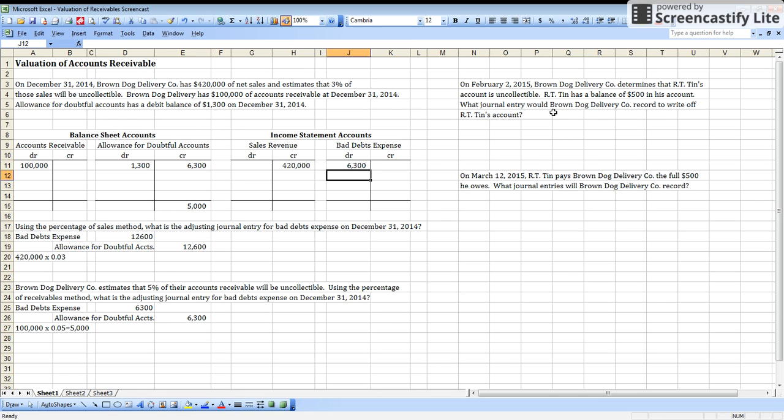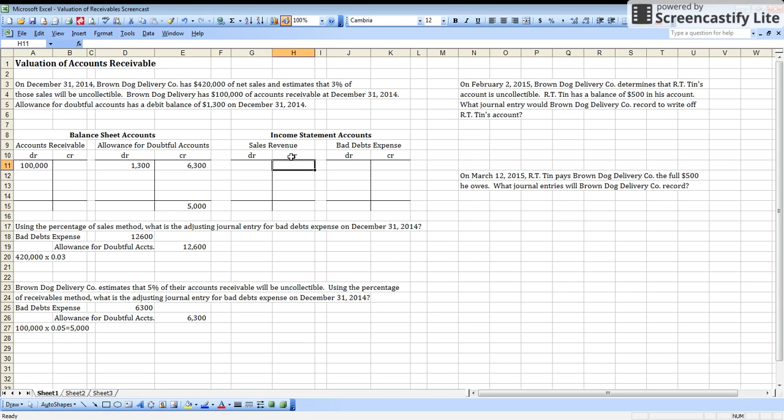Now we have this scenario. On February 2nd, 2015, Brown Dog Delivery Company determines that RT Tin's account is uncollectible. RT Tin has a balance of $500 in his account. What journal entry would Brown Dog Delivery Company record to write off RT Tin's account? First of all, if we're into 2015, we have closed our income statement accounts, so they would not have these numbers in there.